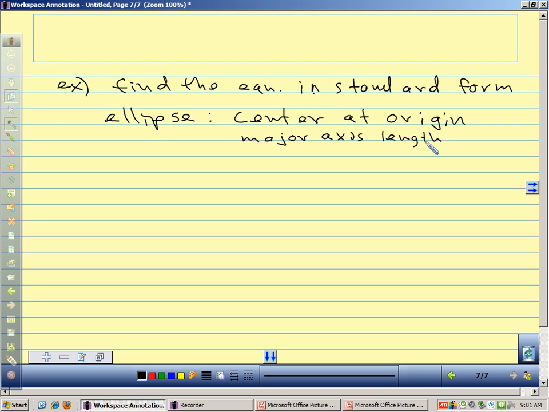Our major axis is 10. And our foci are at plus or minus 3 and 0. So the first thing that I'm going to suggest that we do here is let's draw a quick sketch. So our center is at the origin. So here's my center. And the foci are at plus or minus 3, 0. So I'm going to go over 3 and up 0, and over to the left 3 and up 0.